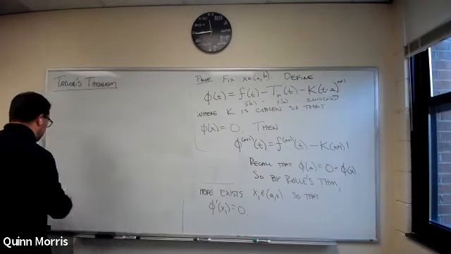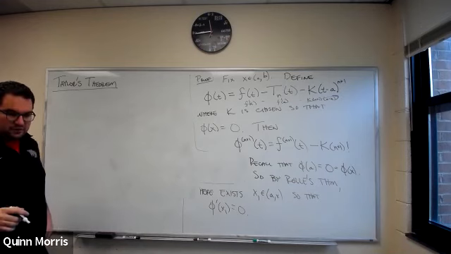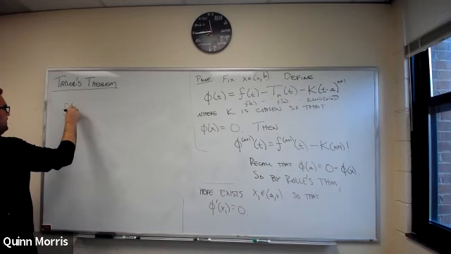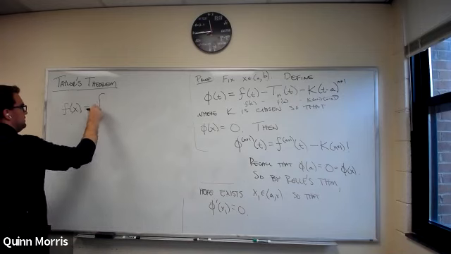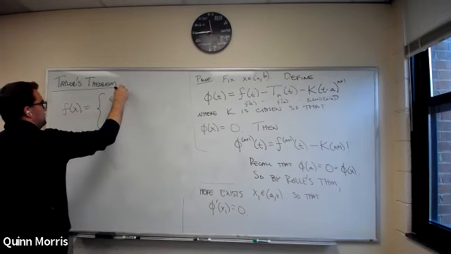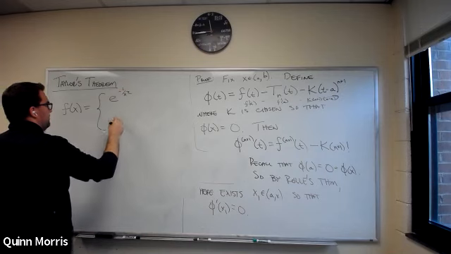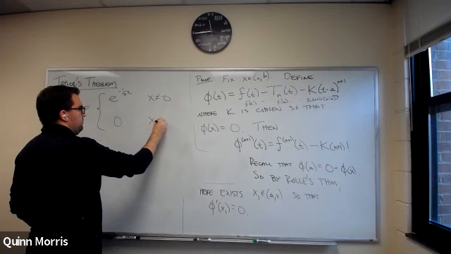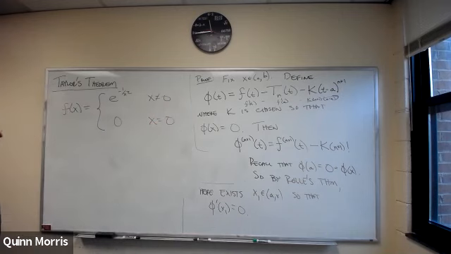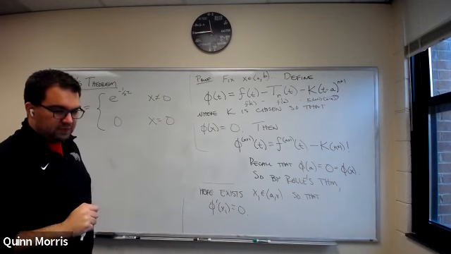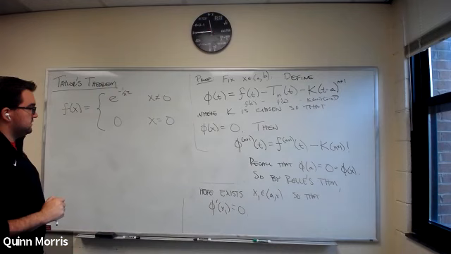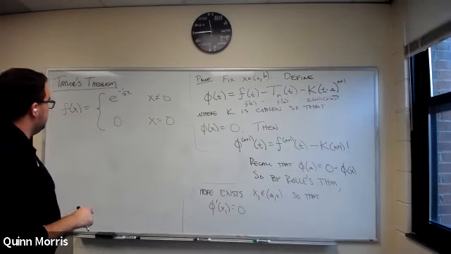I'll let you work through the calculations, but just for our discussion, if we look at f of x is equal to e to the minus 1 over x squared when x is not equal to 0, and 0 when x is equal to 0, it turns out that this function is infinitely differentiable, and all the derivatives are continuous. So it's actually a really nice function.